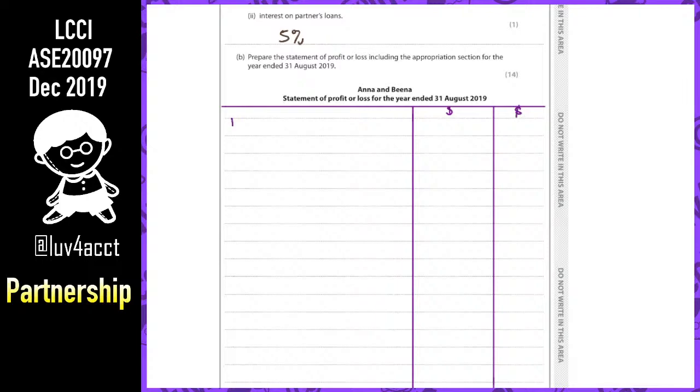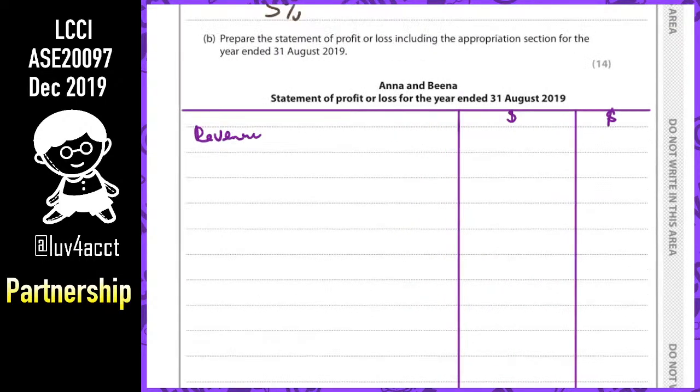So we have revenue less cost of sales. It is not a heading because we do not have items inside. And then we have gross profit, and then the expenses. We have 5 items. I'll write it later.